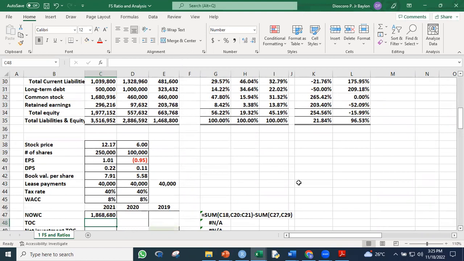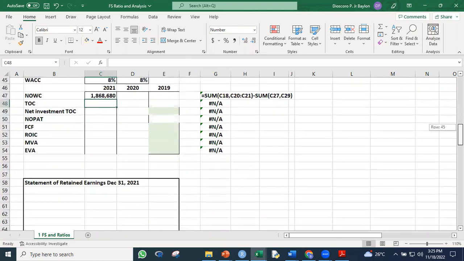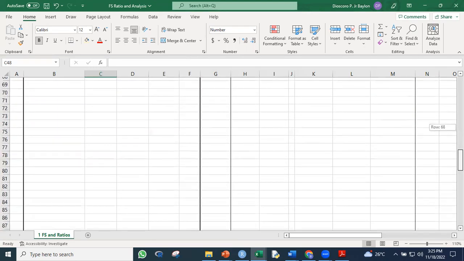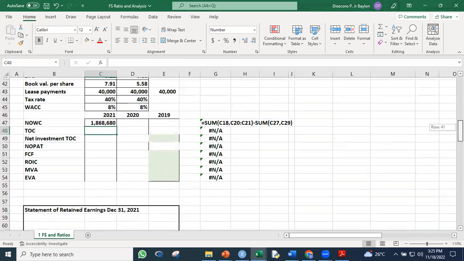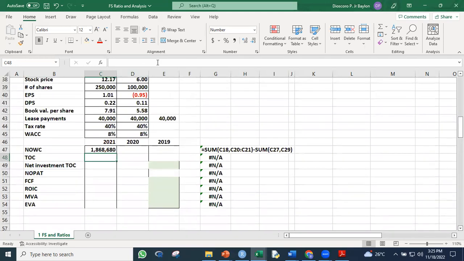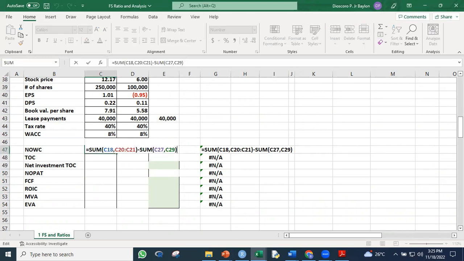So I'm getting, tama ba? 1.8, hindi, sorry. 1.868, no? Okay, mukhang magkakaiba tayo ng answer. 1.640 sa inyo. Anong difference natin, class? Let me flash again the formula.